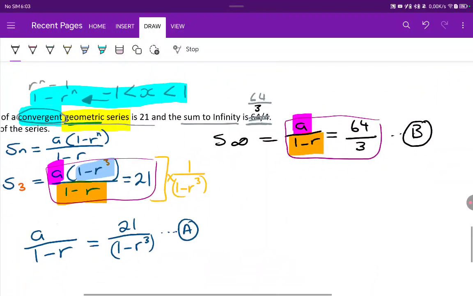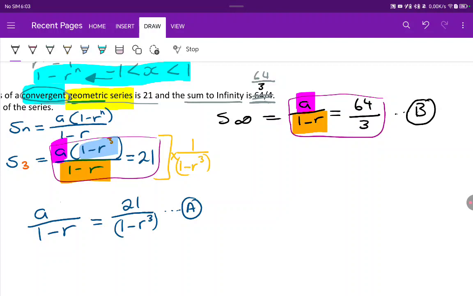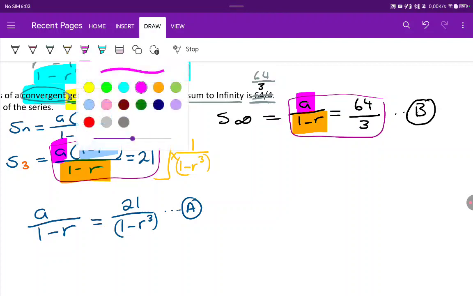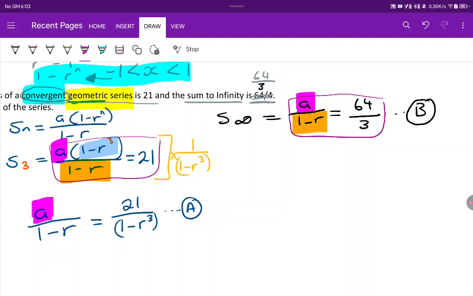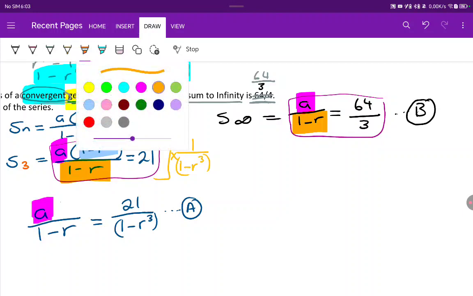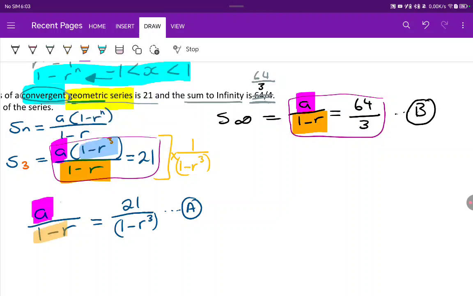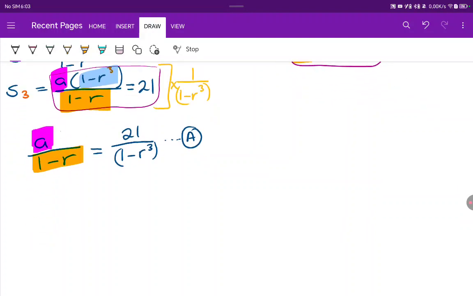Okay. So what do you see? You see that you've got a on the top and your denominator is exactly the same, which is 1 over 1 minus r. And since these two are the exact same thing, I'll write it over here. a over 1 minus r is equal to 64 over 3.